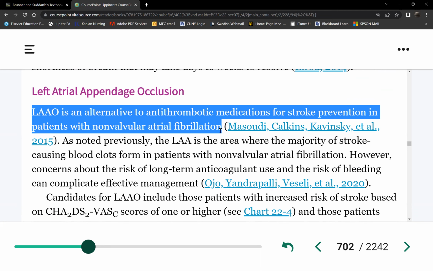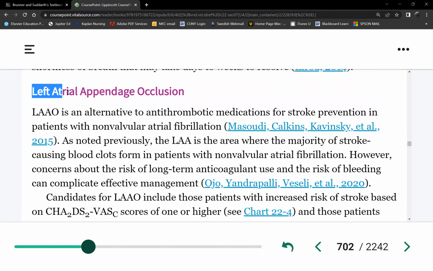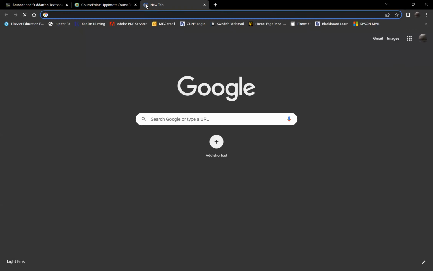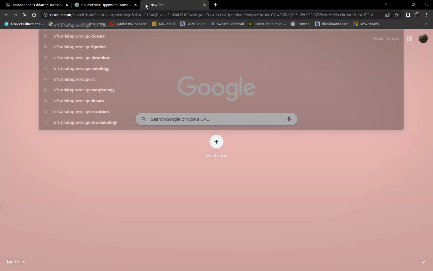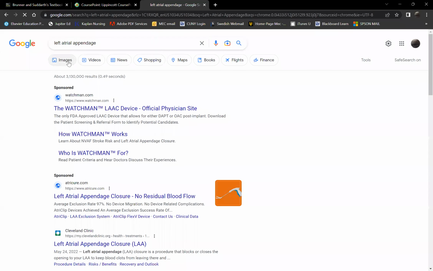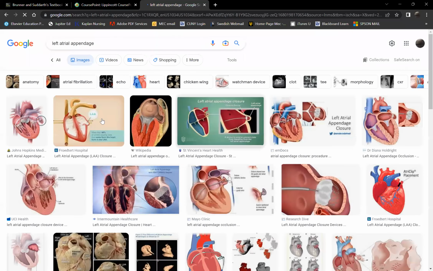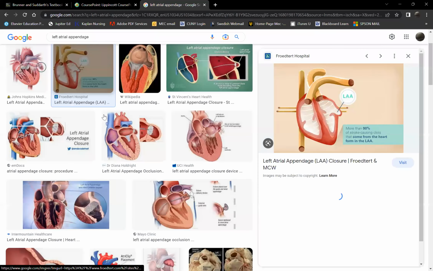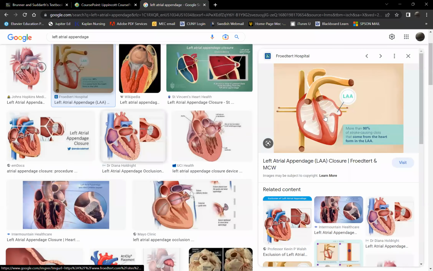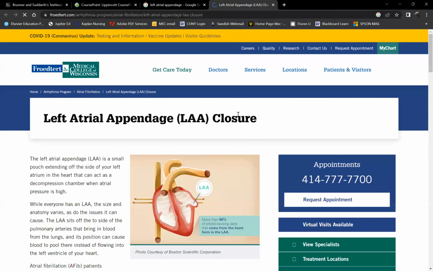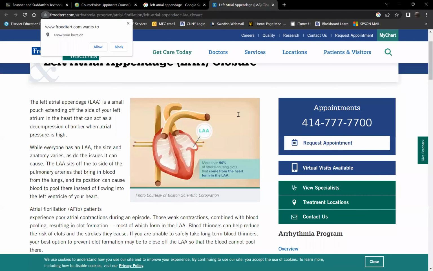So this is an alternative. What is the left atrial appendage? Now, this is a part of, obviously, the left atrium. This is a spot wherein most blood clots form. So what is an appendage?